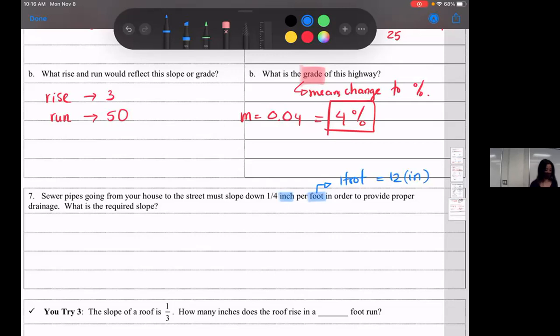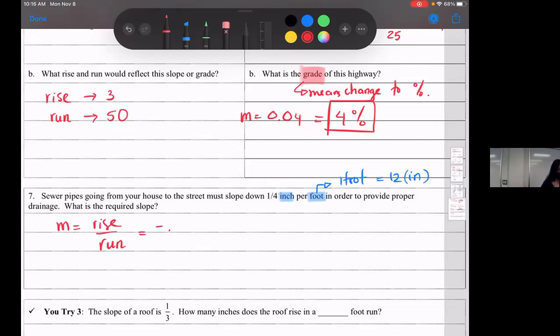Okay, so let's do this. M equals rise over run. How many inches do I rise here? Look, down 1/4 inch per 12 inches. So what's my rise here? Yeah, very good.